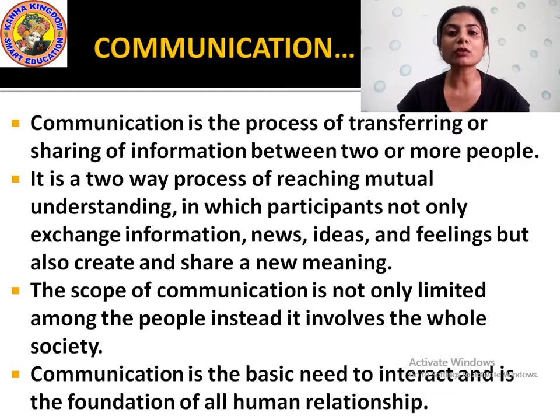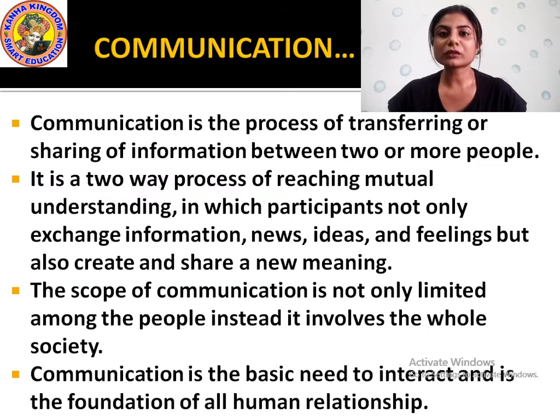Without talking, without communicating, how will a person live? You may have heard a proverb that a human is a social animal. We human beings are social animals. Social animal means we are living in a society where we are surrounded by many people. Okay, we are social animals and we cannot live in isolation.